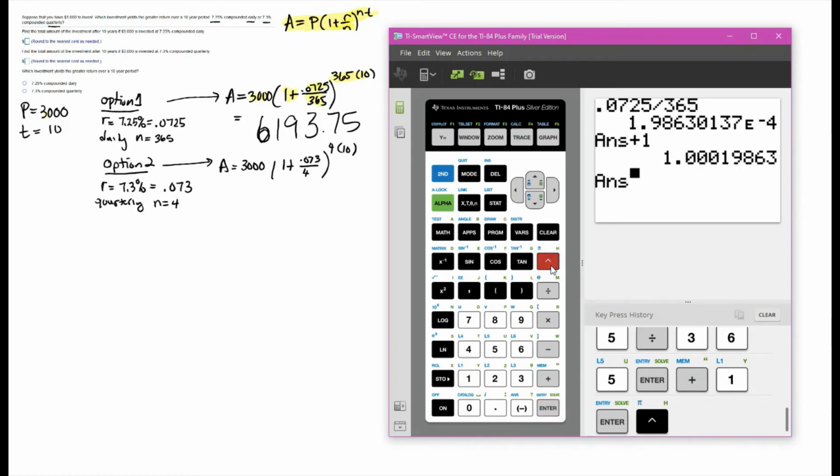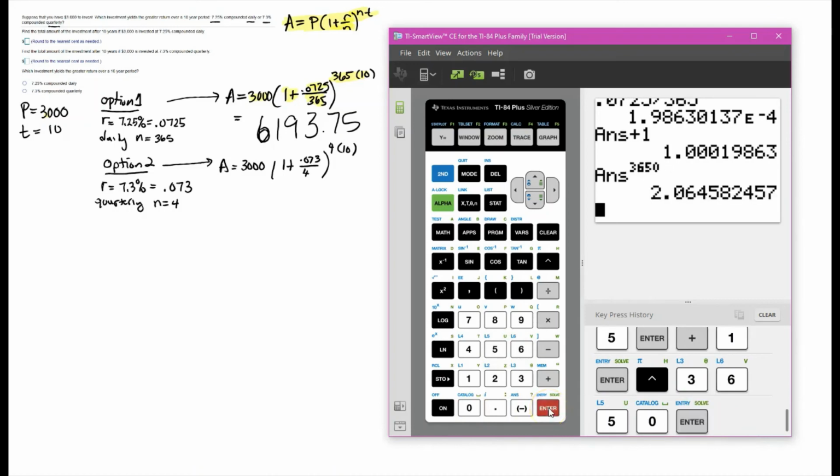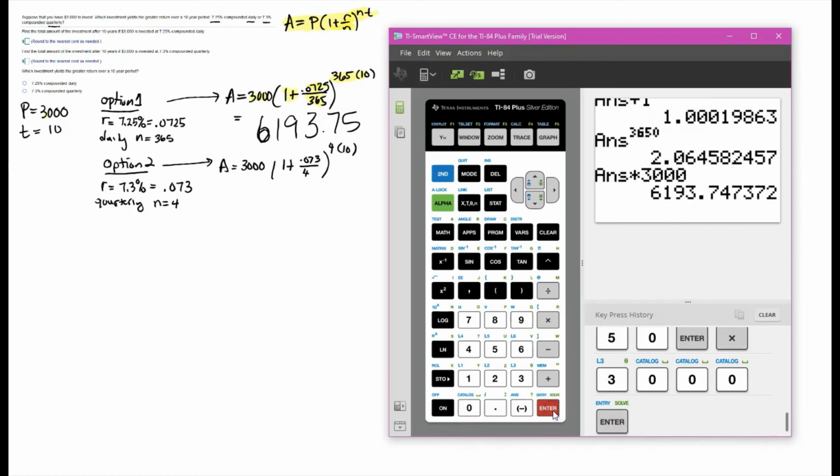And I probably would go ahead and do that multiplication. 365 times 10 would give you 3650. And then finally, you're going to multiply that by 3,000. And you can see we got the same answer, $6,193.75.